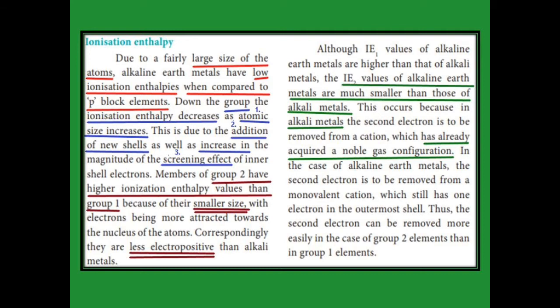Then in the second ionization energy, we have to remove the electron from the stable electronic configuration of alkali metals, which means we need more energy. So the IE2 value of alkali metals is greater, but the IE2 value of alkaline earth metals is smaller.